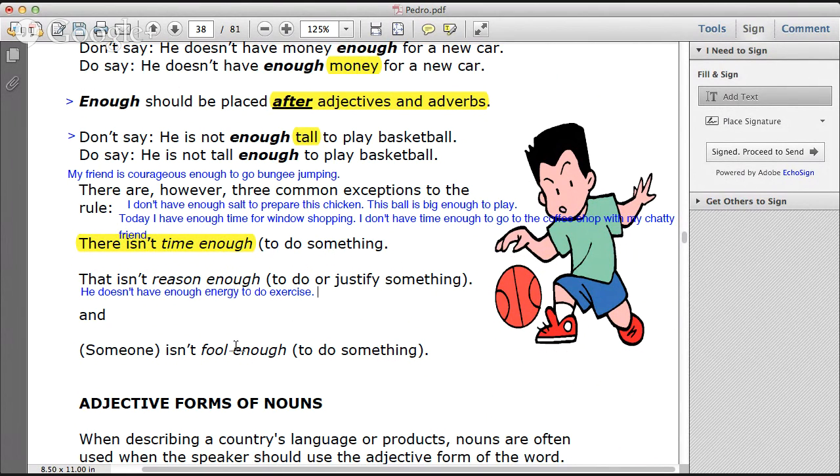Yeah, with an adjective. She is not pretty enough to be Miss Universe.